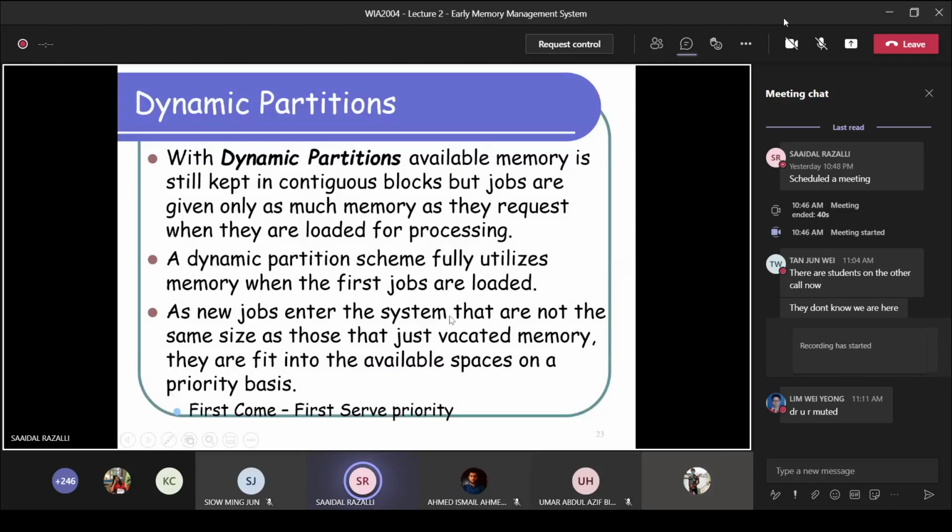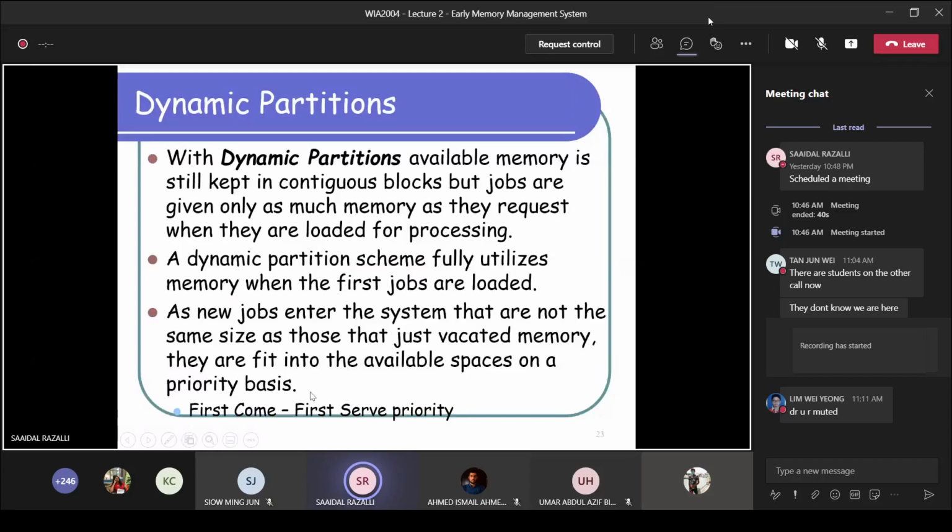As new jobs enter the system, they are not the same size as those that just vacated the memory. They are fit into the available spaces on a priority basis, first come, first serve. You may know there are first come first serve, last come first serve, round robin, and so on. These are all algorithms for queuing, or what we call queuing theory.